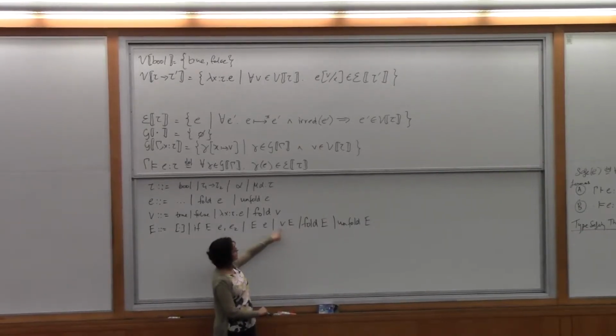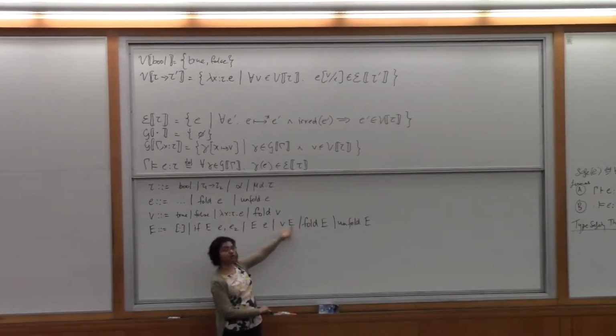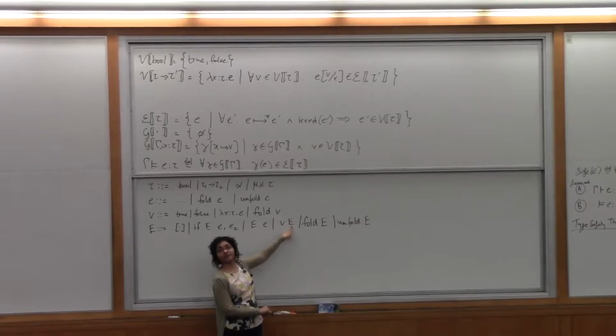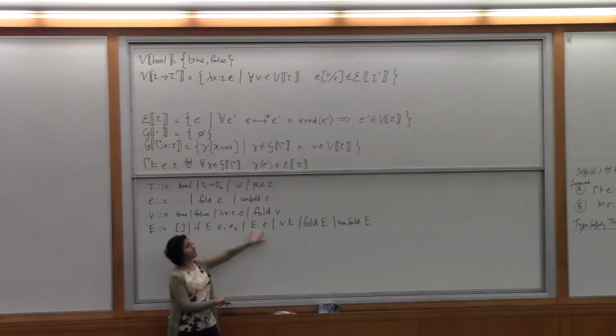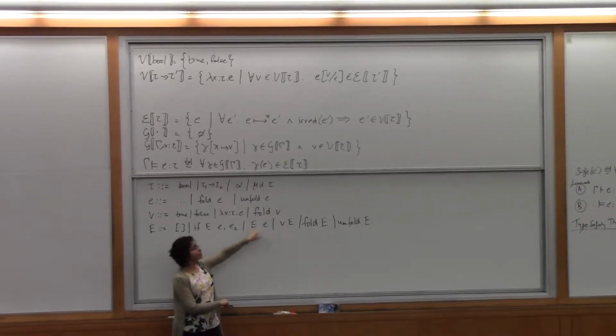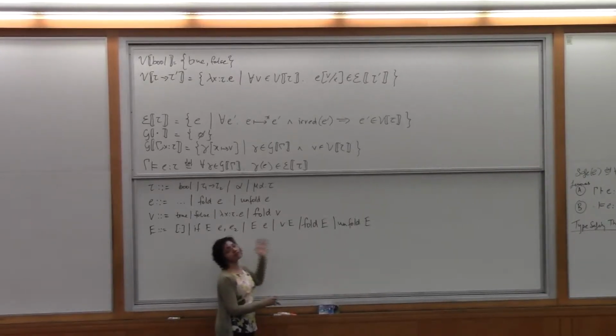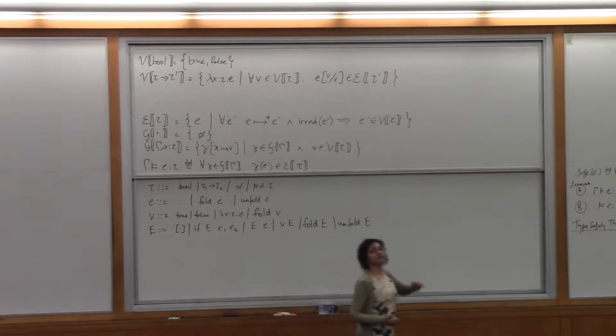If you have an application form like this where you have a value sitting in this position, then ignore that position, go over here and start running the expression down to a value before you proceed, right? Whereas before we even get to that, we might have an E1 applied to an E, right? So if you have an expression in the function position, evaluate that down to a value. Basically, I'm specifying a left to right evaluation order here.